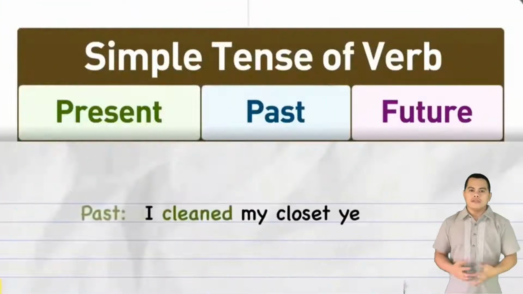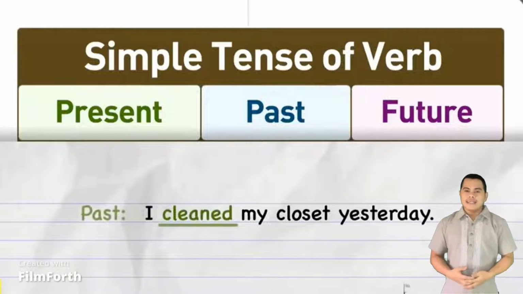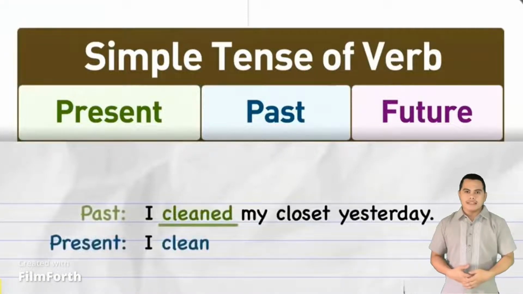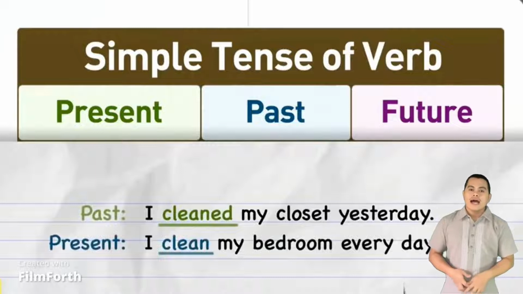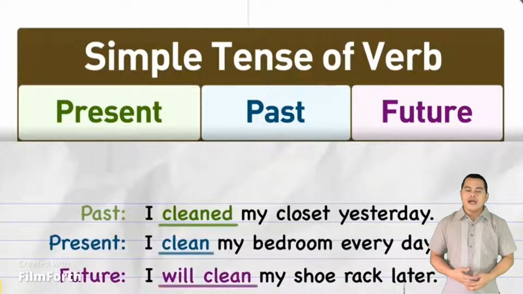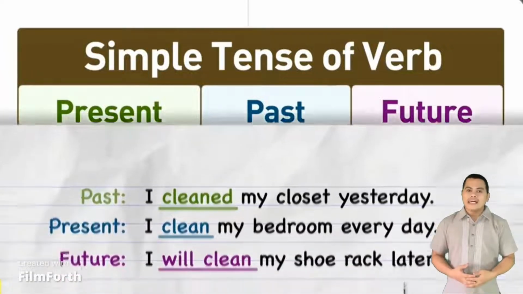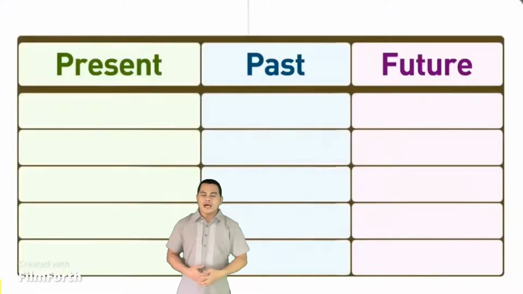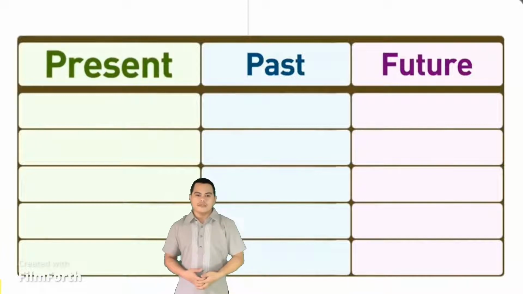For example, in the past, I cleaned my cabinet yesterday. For the present, I clean my bedroom every day. For the future, I will clean my shoe rack later. Here are some examples of the tenses of the verbs.